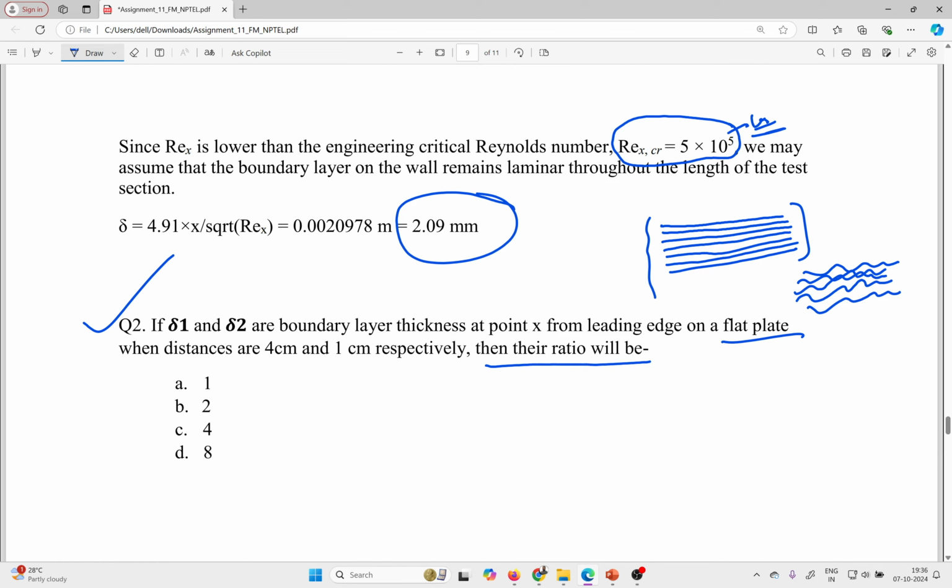Remember please, zigzag motion in turbulent flow, and very smooth flow in laminar flow. So remember how it looks. Try to solve question number 2, and after that I will show you some photos of laminar and turbulent flow.